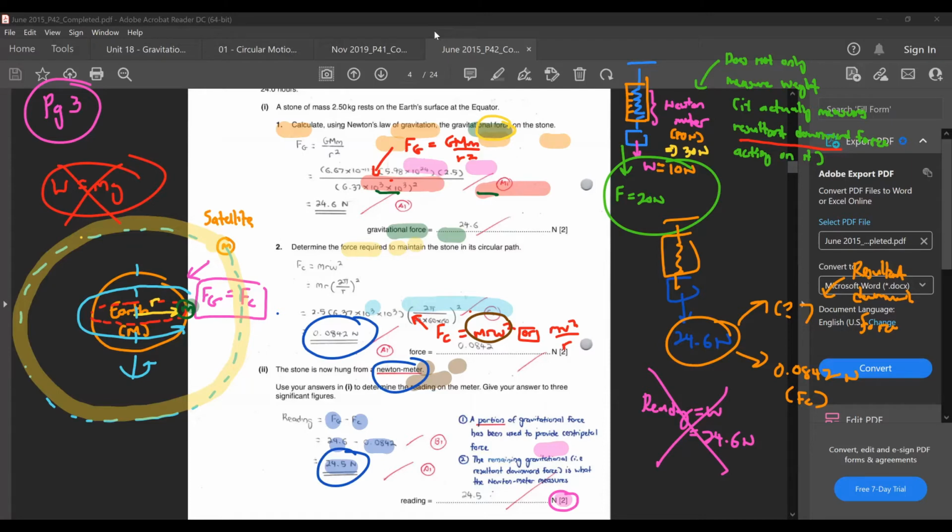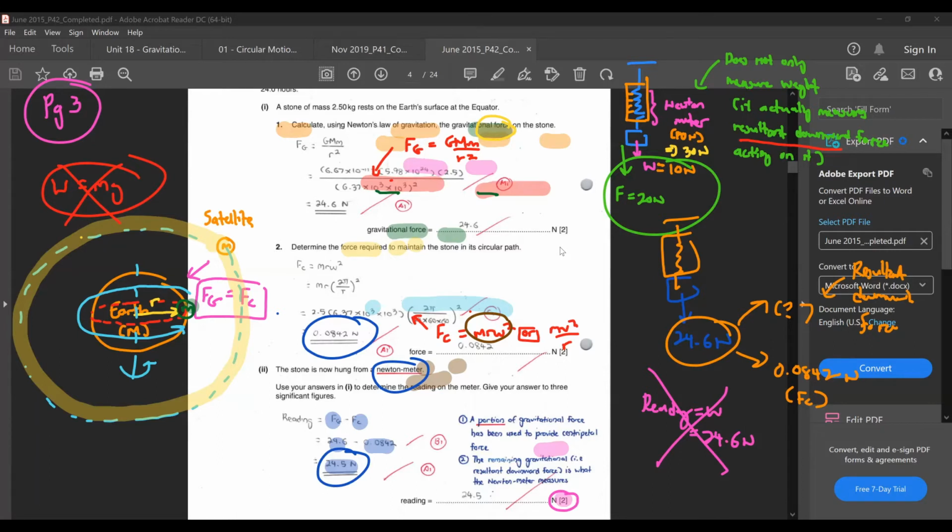Even though you had 24.6 Newton originally, your actual force pulling you down is not 24.6, because a portion of it has been used as centripetal force. Centripetal force is a different kind of force. You cannot use a Newton meter to register your centripetal force.